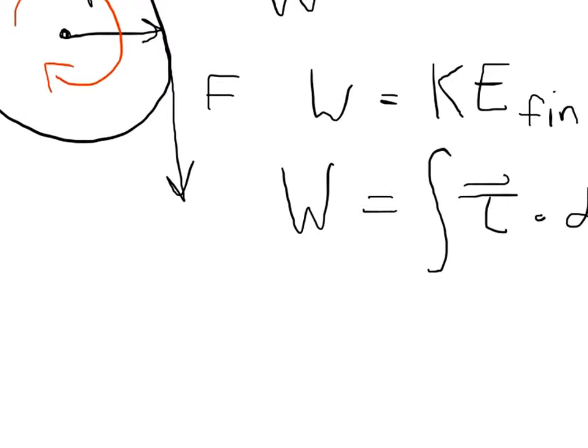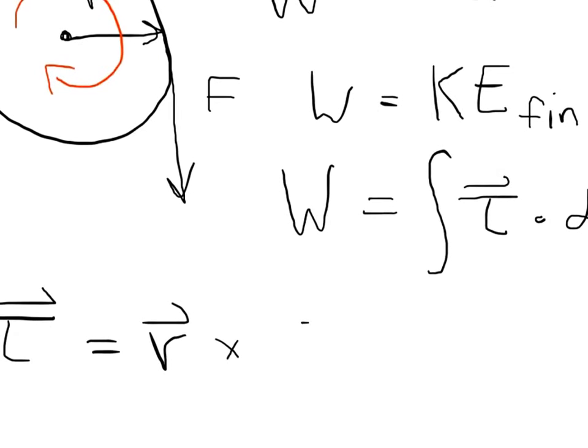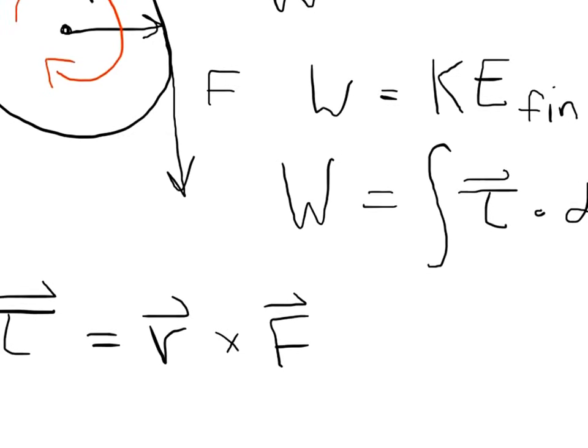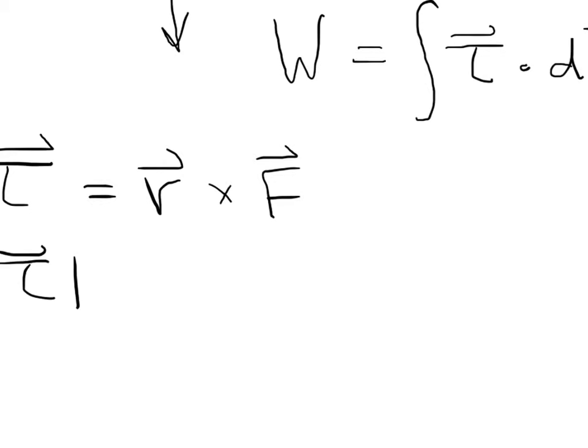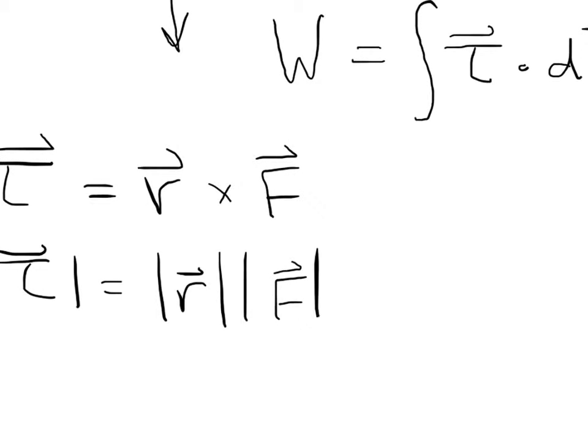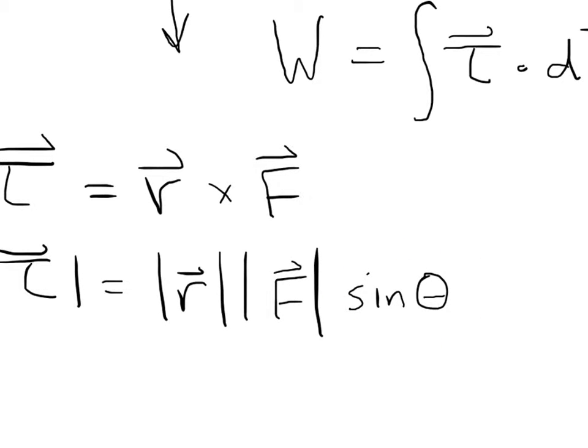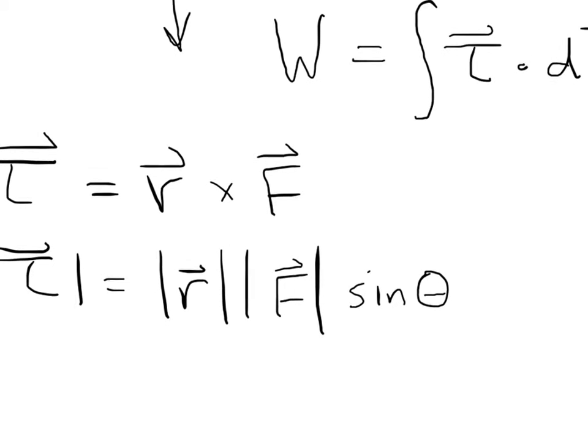So let's calculate the torque. Torque, as we know, is r cross F. When we're talking about magnitudes, the magnitude of torque is the magnitude of the radius, times the magnitude of the force applied, times the sine of the angle between them. We have to be a little careful about confusing sine theta, which is the angle between the radial vector, or moment arm, and the force, and the d theta up here, which is the number of revolutions.